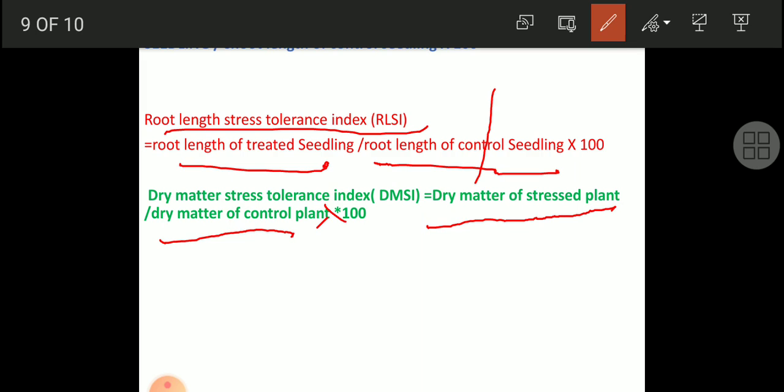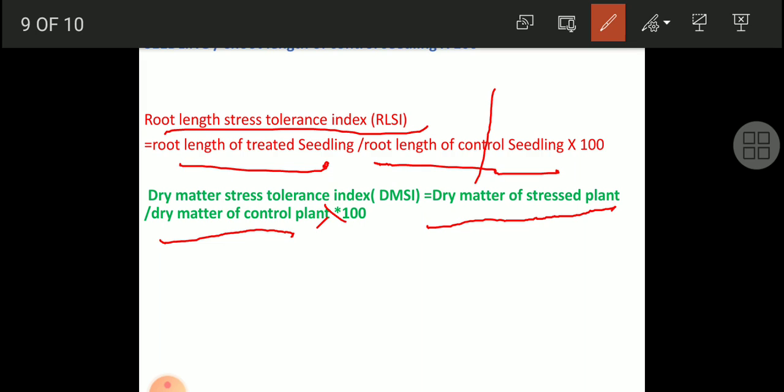So these are the formulas you have to remember, and it would be better, my friends, if you could set up an experiment and calculate accordingly, and then you will come to know the use of these formulas, how to calculate the root length stress tolerance.